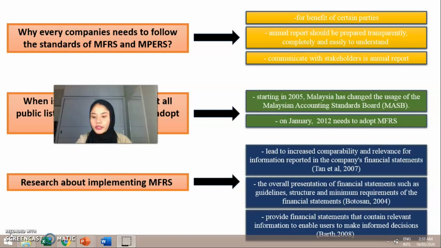Second, to meet the IFRS objective, this standard addresses the overall presentation of financial statements, such as guidelines, structure and minimum requirements of the financial statement, said by Botosan. Third, Barth said it provides financial statements that contain relevant information to enable users to make informed decisions.